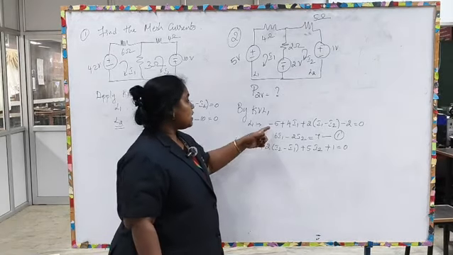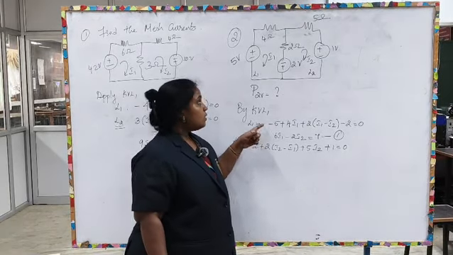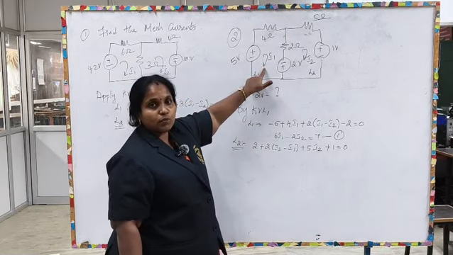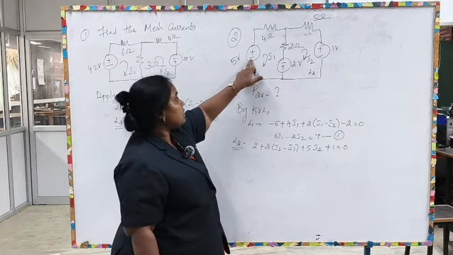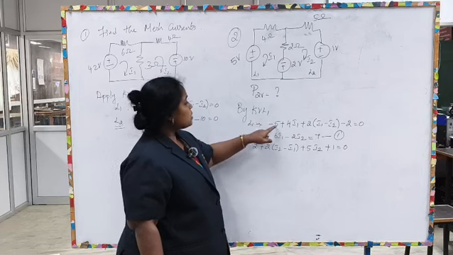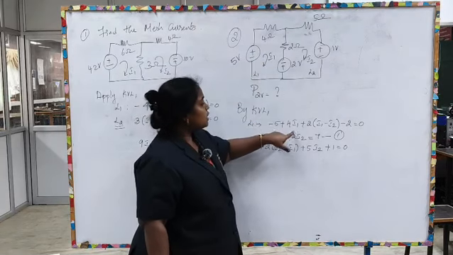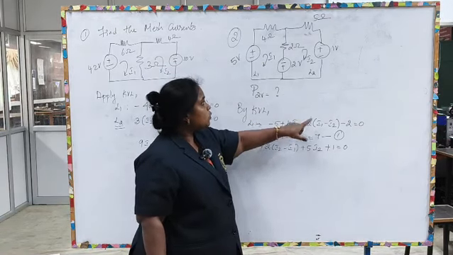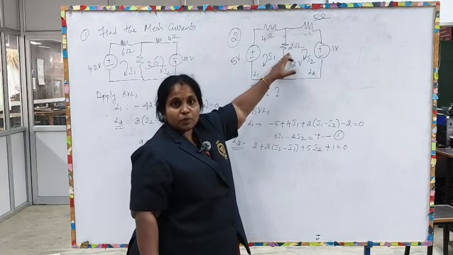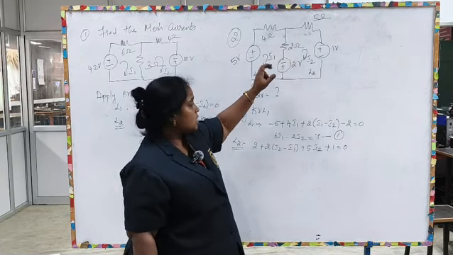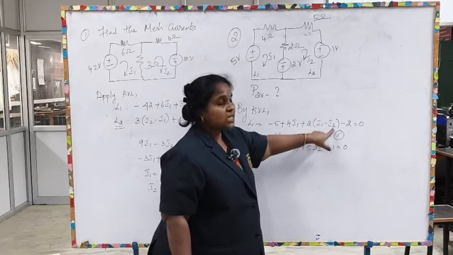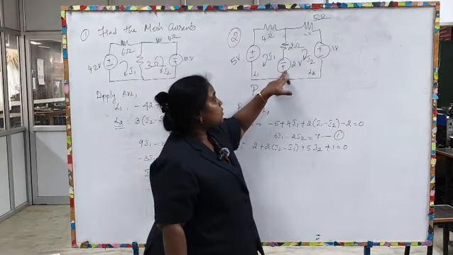Alright. So, once again let me explain this KVL equation. While writing a KVL equation for loop 1, the current is entering the negative of your supply. So, it is minus 5 plus 4 into I1 plus 2 into, since this resistor is common between both the meshes, it is 2 into I1 minus I2, and here we have one more voltage source.